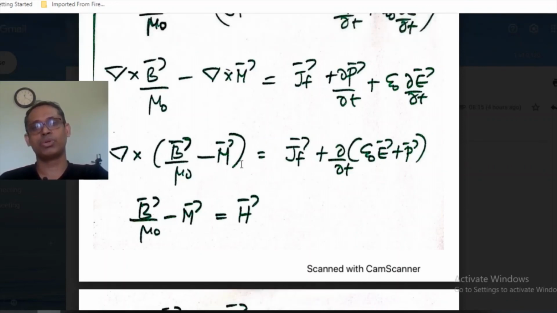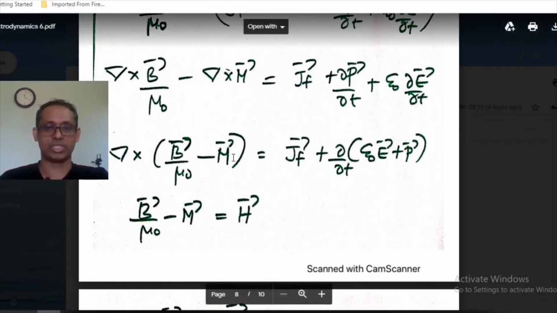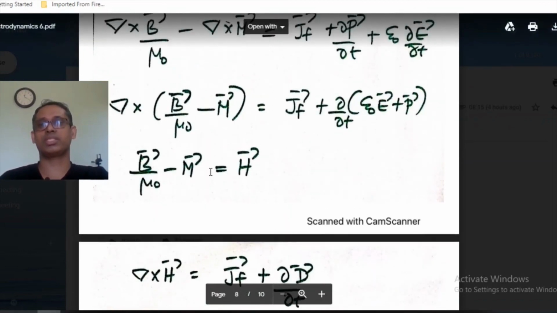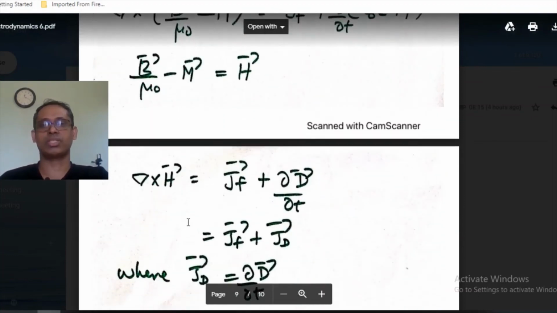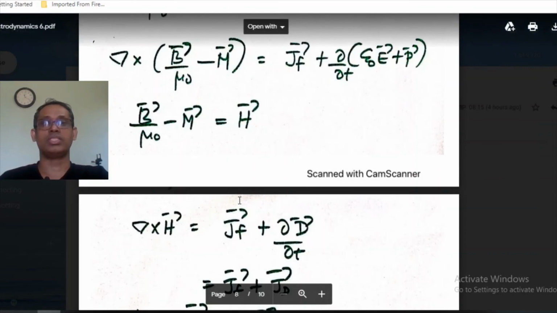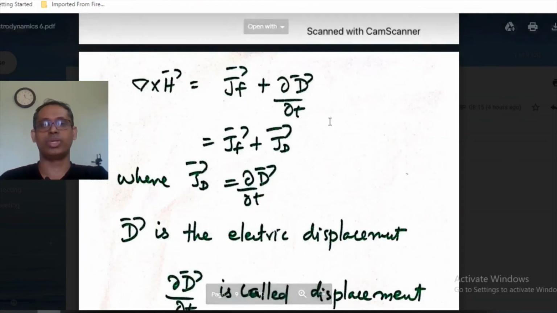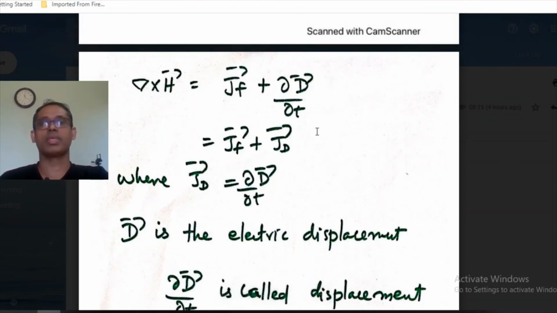Now this B by mu 0 minus M is actually H. B is the magnetic field, M is the magnetization, and we represent this combination by H. So instead of this, we are using del cross H, that is equal to JF plus dou D by dou T, since epsilon 0 E plus P is D. This dou D by dou T, the change in displacement vector, is called the displacement current density.